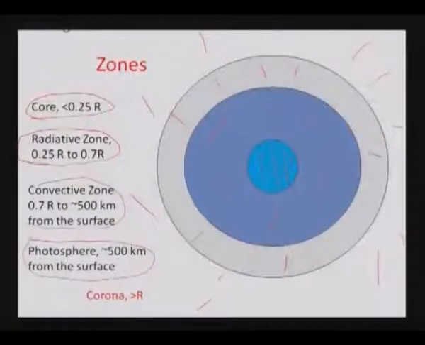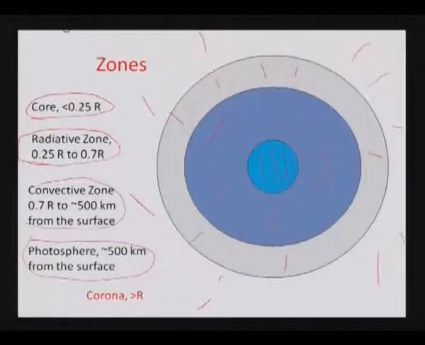Initially in the radiative zone, photons are emitted and very quickly absorbed within a few millimeters or so, and then again re-emitted, again they go ahead, again they are absorbed. This way it radiates, re-radiates, absorbs, and energy moves in the forward direction, that is, towards the outer layers.